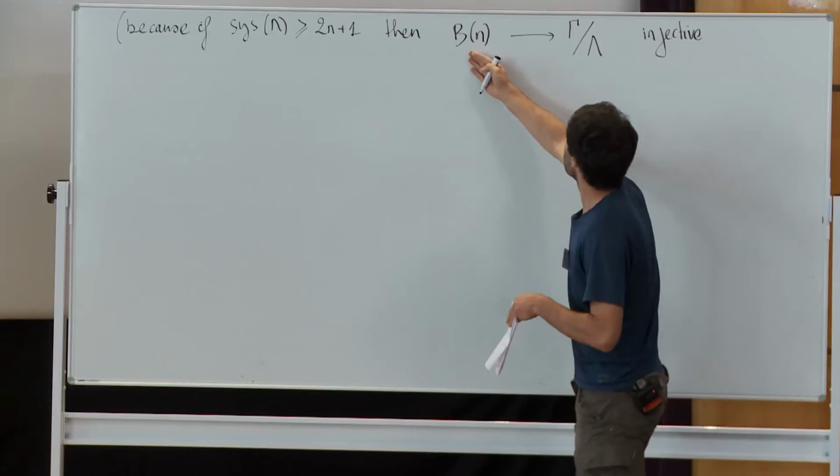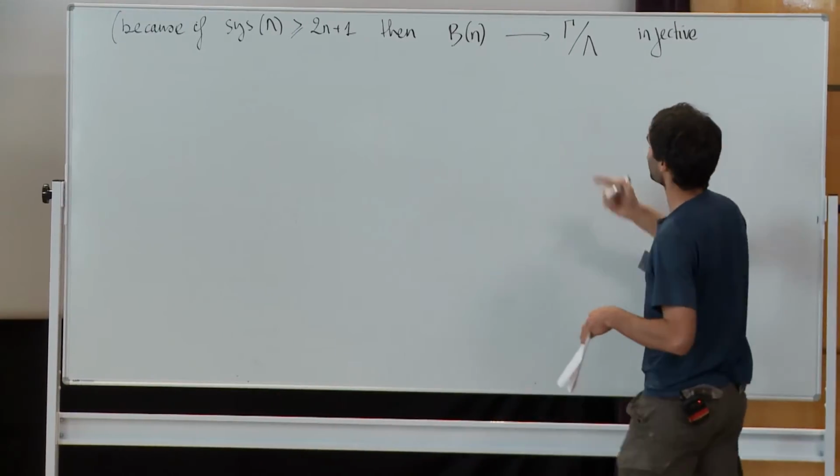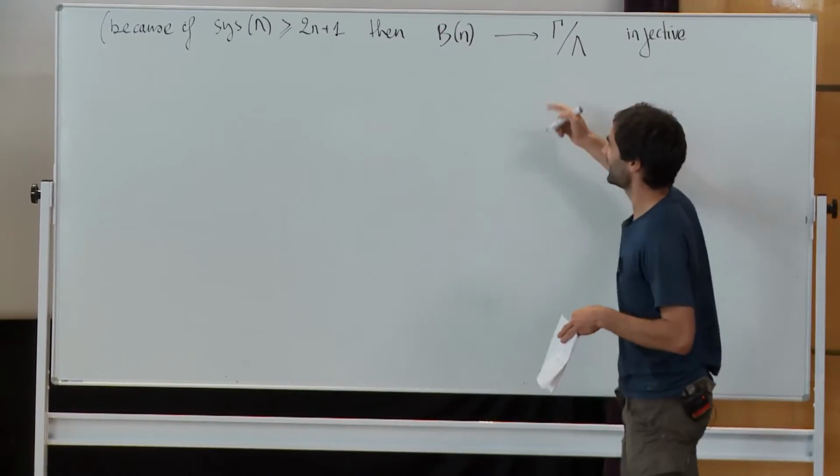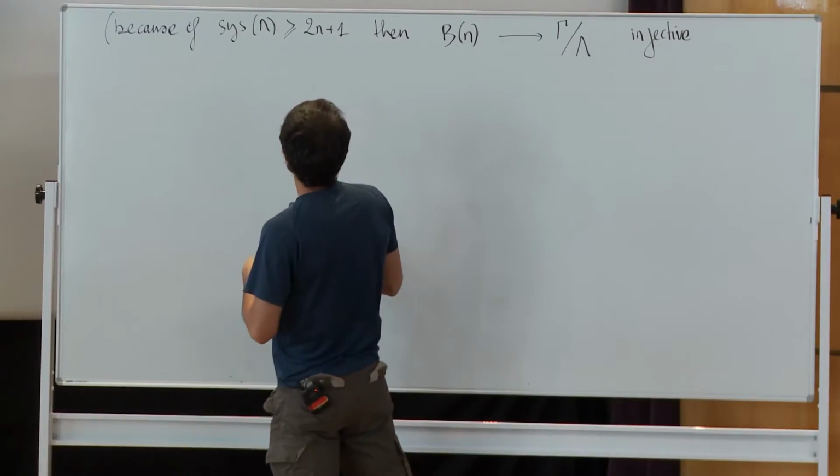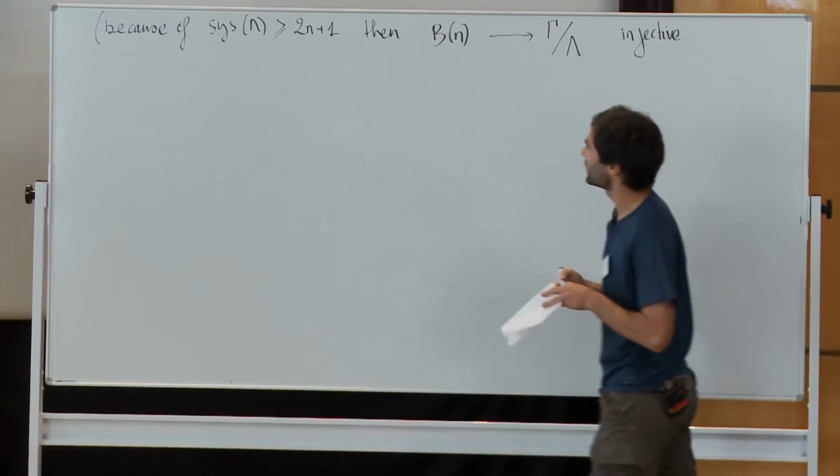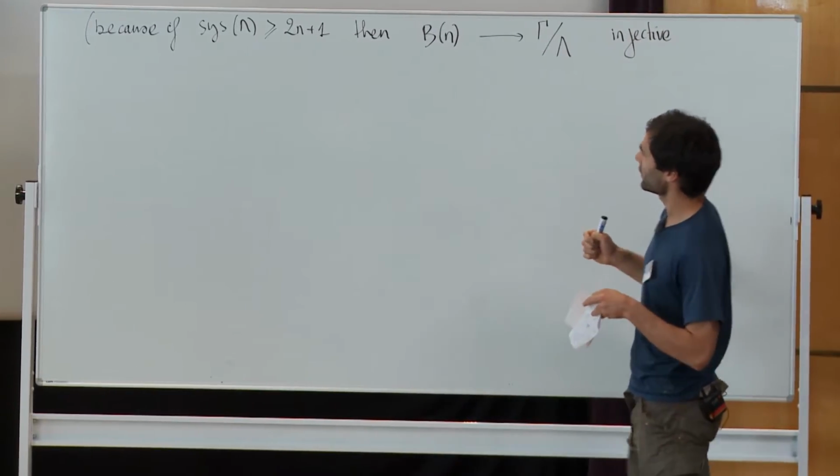So the cardinal of b of n is less than the cardinal here, which is by definition at least 2n plus 2.